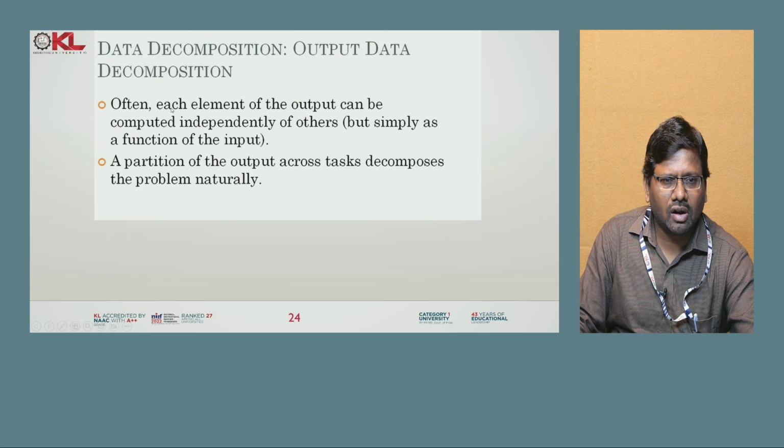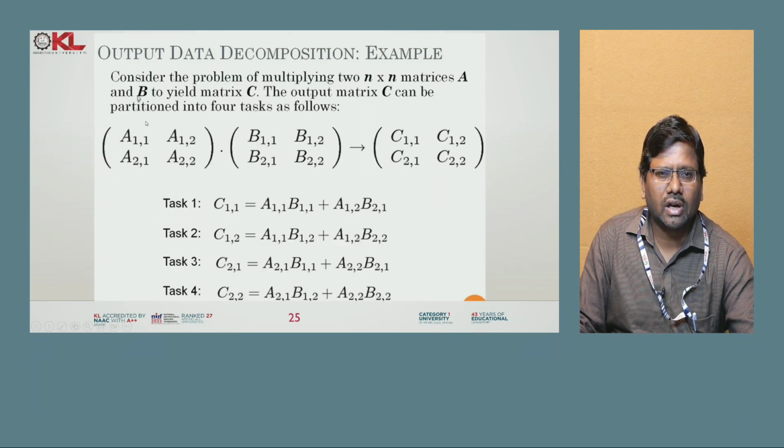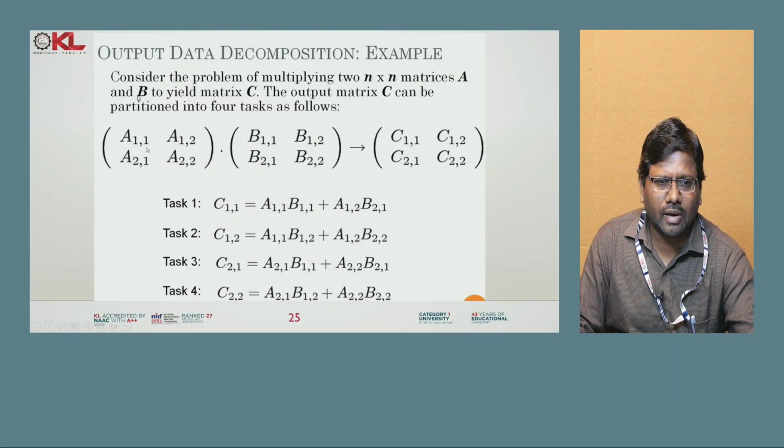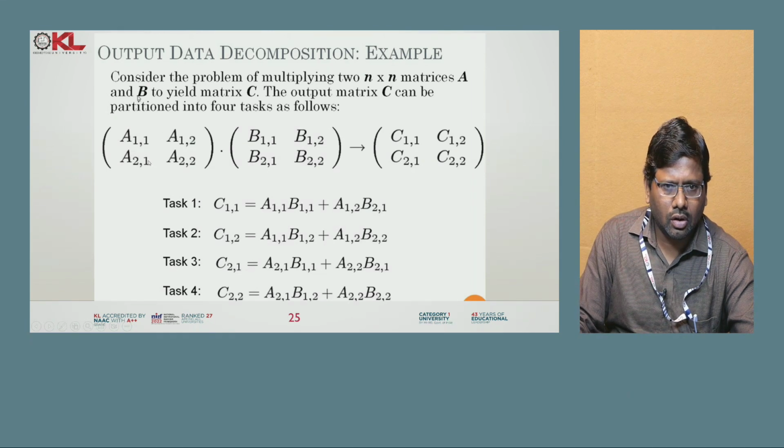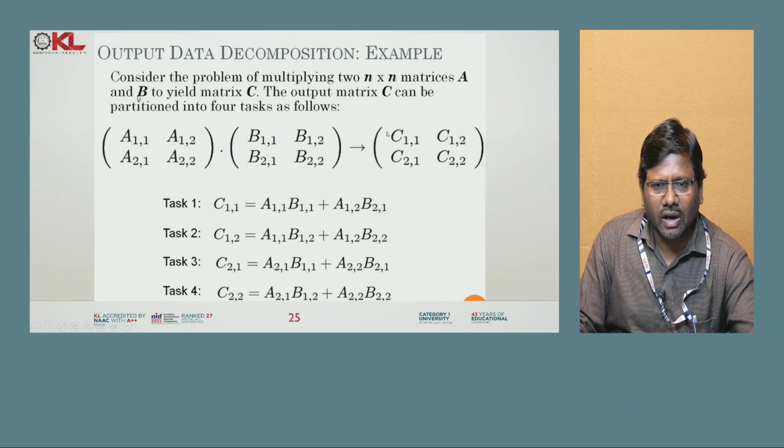Here, often each element of the output can be computed independently. Let us make the concept clear with an example: matrix multiplication. When we multiply two matrices, a row of one with a column of another, we get a group of elements C11, C12, and so on.